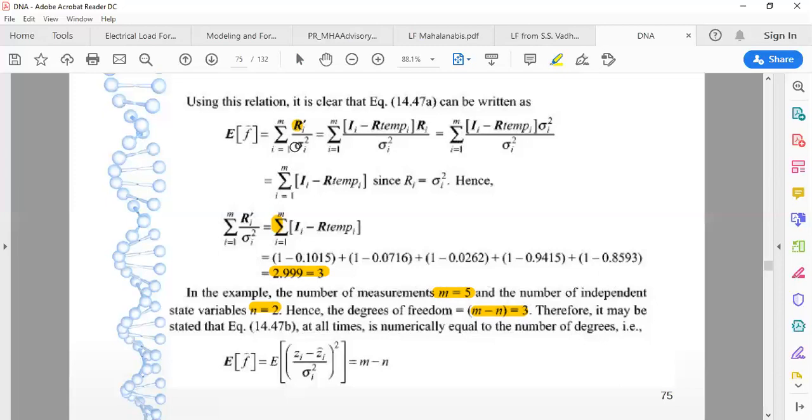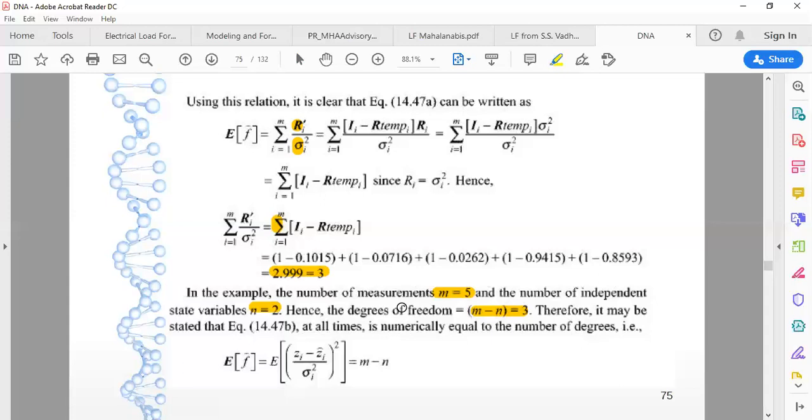Sigma i square is nothing but the square of the standard deviation, which is the variance. So ultimately this is R dash divided by R. The ratio of R dash by R, or R dash by sigma square, if we take it for all the meters, gives the result that will be the degree of freedom.